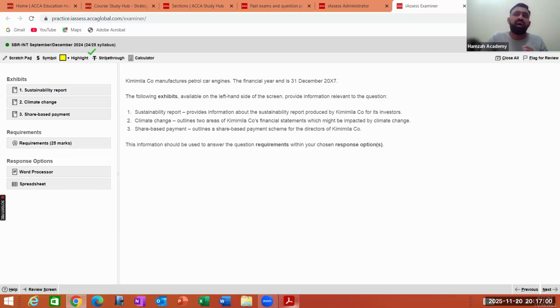Like in the region from where we are taking class, it is under severe climate changes. The subcontinent, India, Pakistan, Bangladesh, Sri Lanka, they have been under severe climate changes for the last 3-4 years.